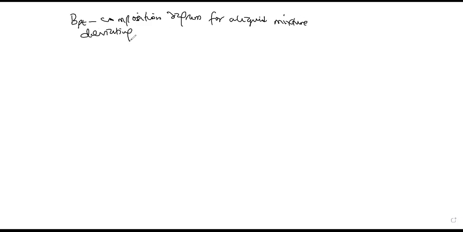So, boiling point composition diagram for a liquid mixture deviating negatively from Raoult's law.